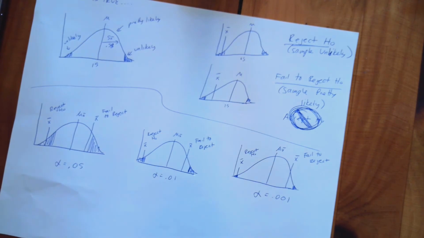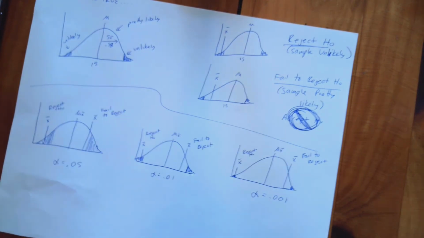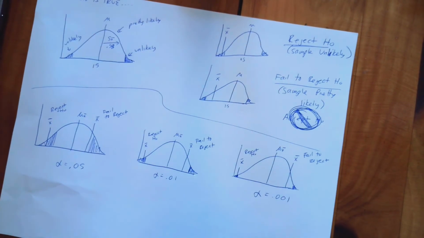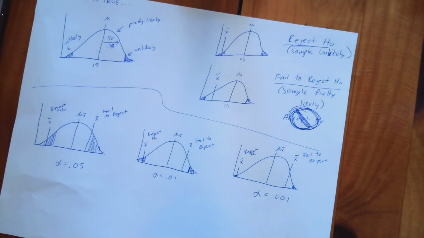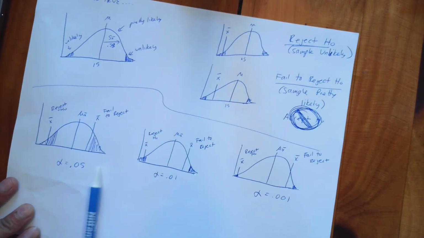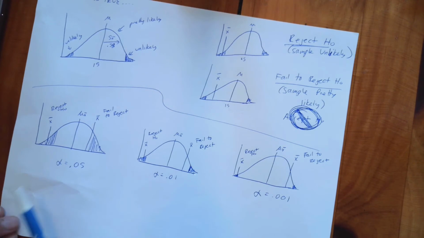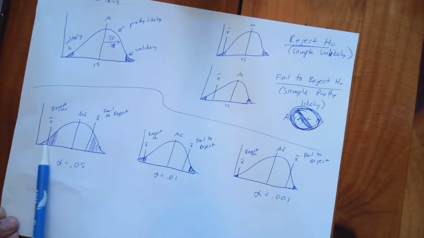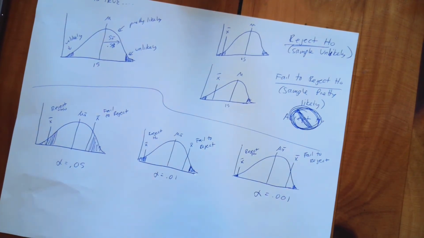So just to recap again, the alpha level is something that is chosen by the researcher, the person who's doing the hypothesis test, and it's really based on whatever the purposes of the research or the hypothesis test are. A test with a high alpha level is likely to cause you to reject the null hypothesis because it's relatively likely that your sample mean is going to end up in the reject zone even if your null hypothesis is true.